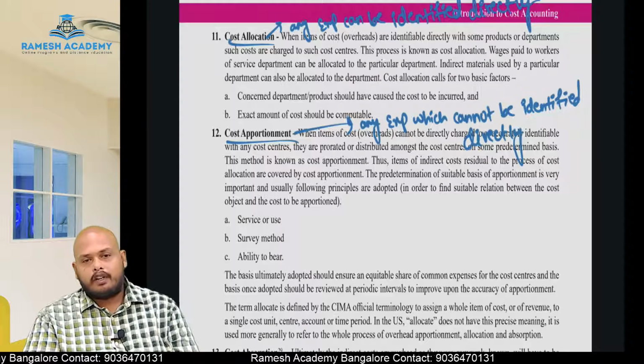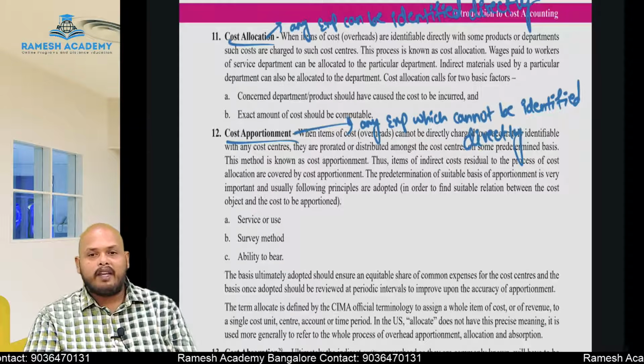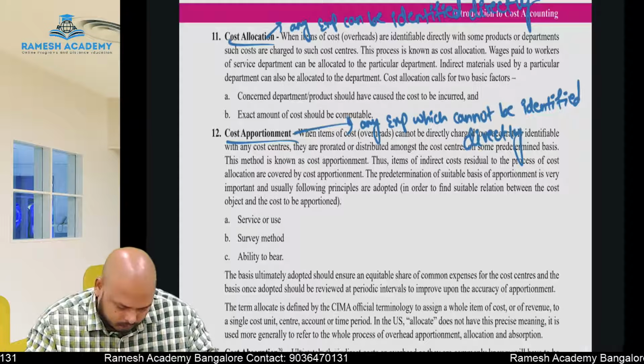I know you did not understand the meaning. What do you mean by identified directly? What do you mean by cannot be identified directly? Let's take one example, and you will understand.